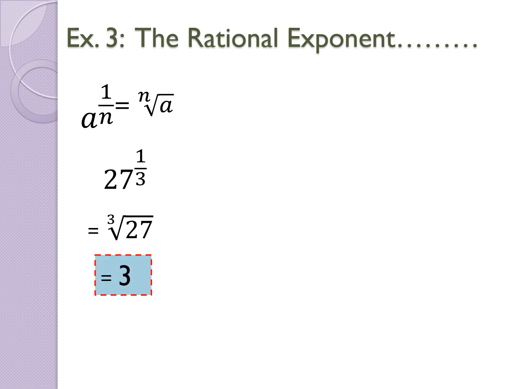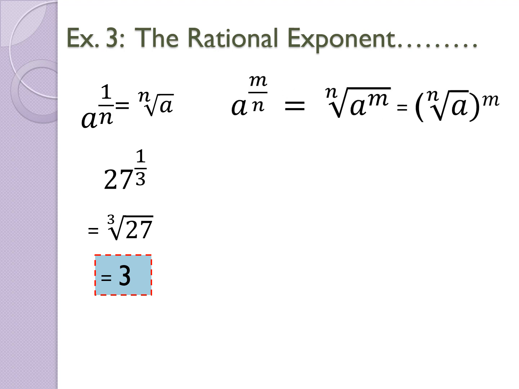So that's cool if the numerator of your exponent is 1. But what if it's not 1? What if it's something other than 1? In the case of a to the m over nth power, your exponent is m over n.